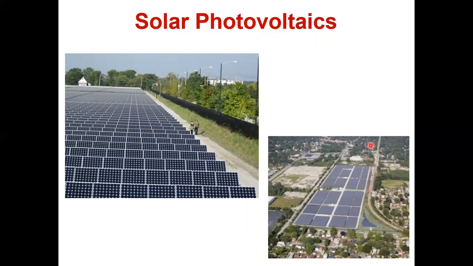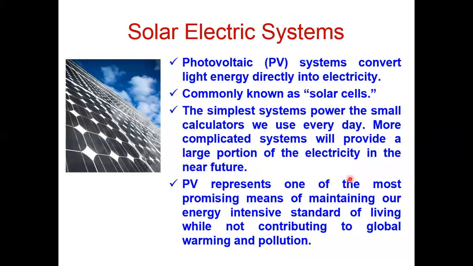Mainly in this way we can collect the panels and produce large amounts of electricity. A photovoltaic system converts light energy directly into electricity. Whatever we have studied, that is fuel cells and solar energy, all these are direct, converting energy such as heat energy into electricity.